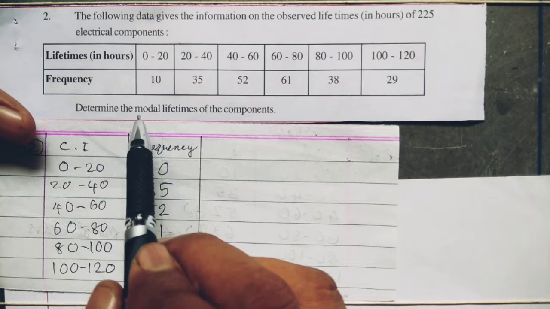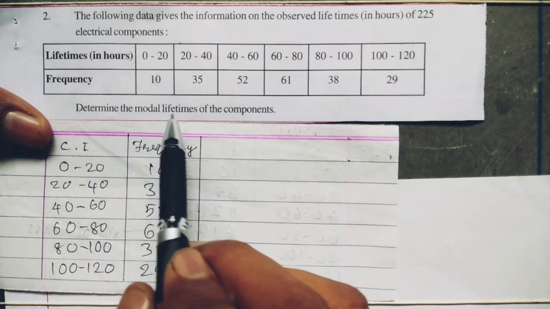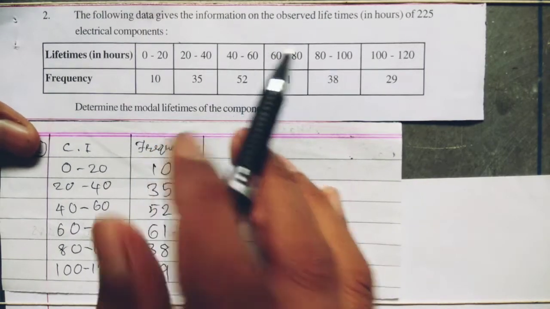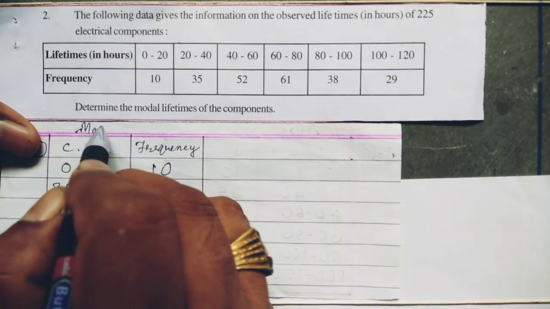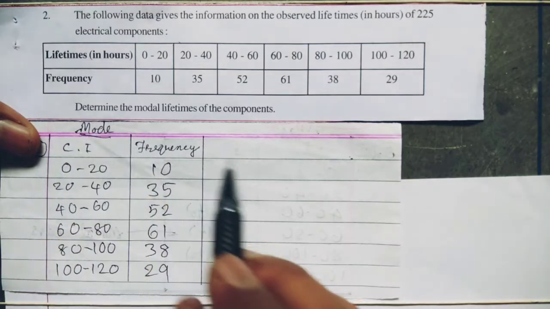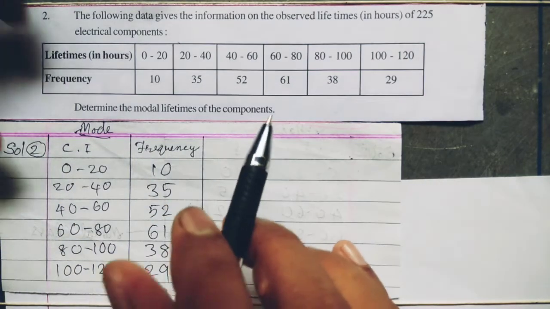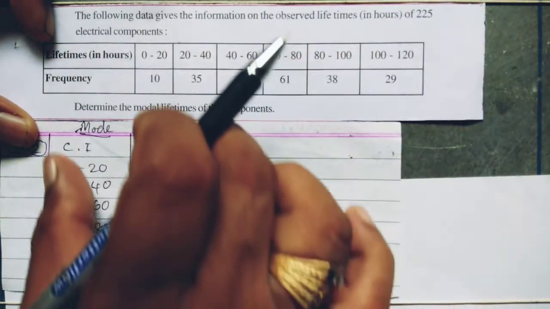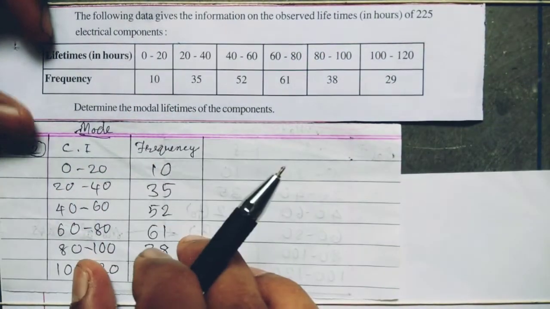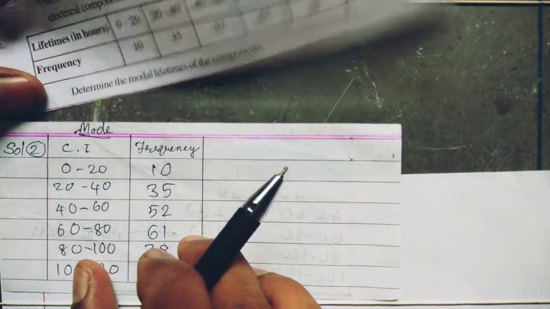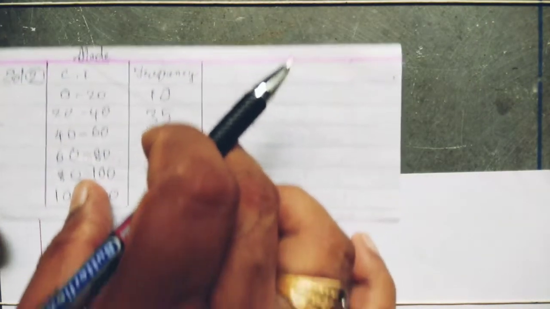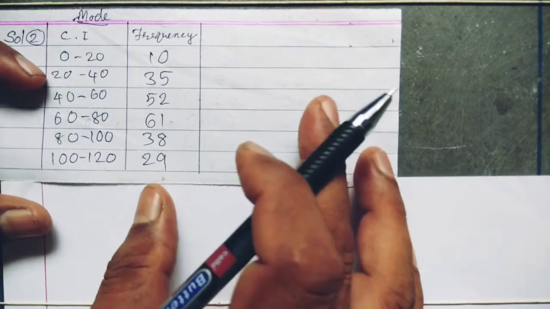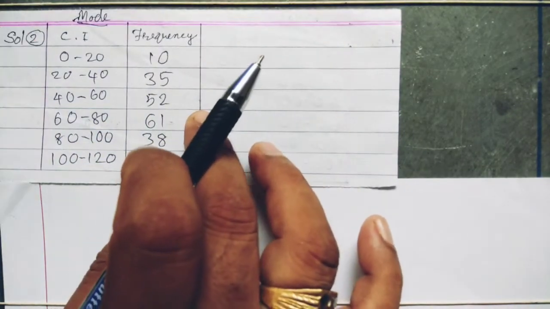To find the modal lifetime of the components, we have to find the mode. To find the mode, we have to draw these rows column-wise like this, and also identify the modal class. How to identify the modal class?